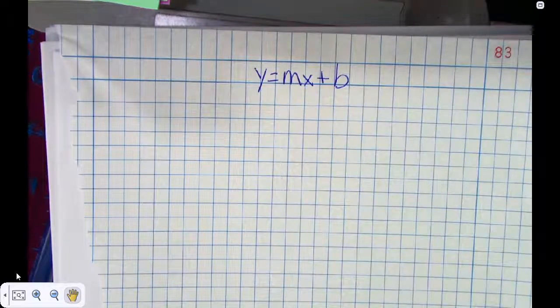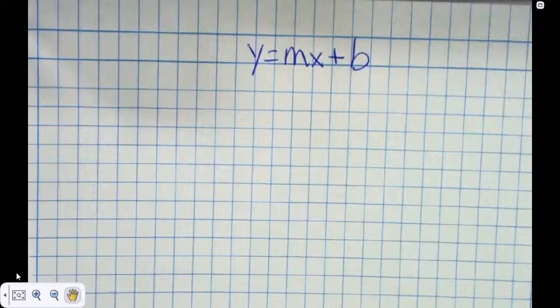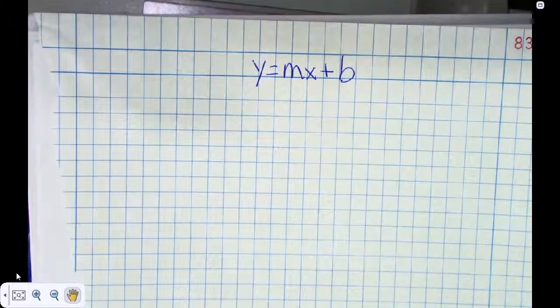If it's in that form, it is linear. If it's linear, it means what? It's a straight line.